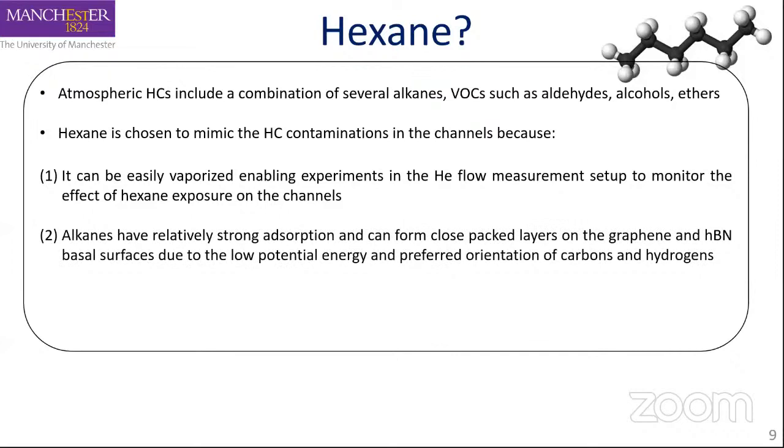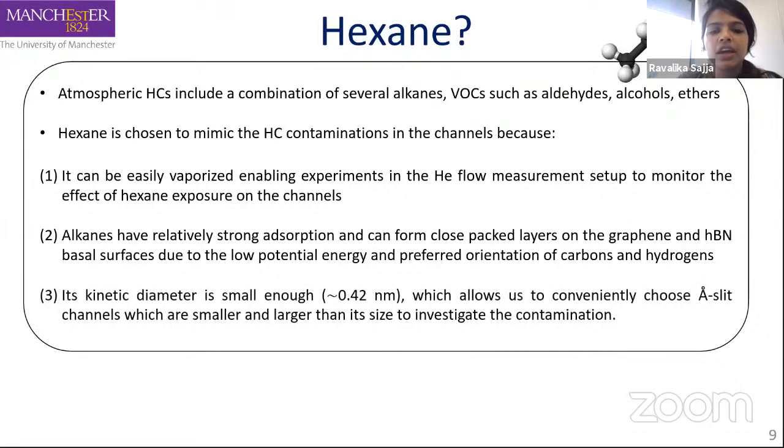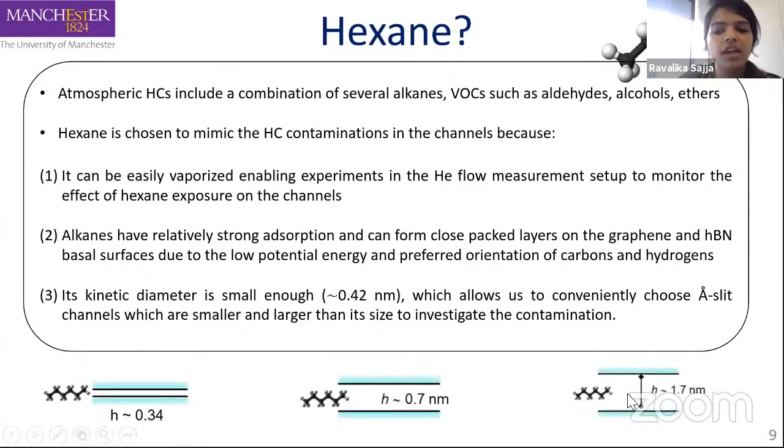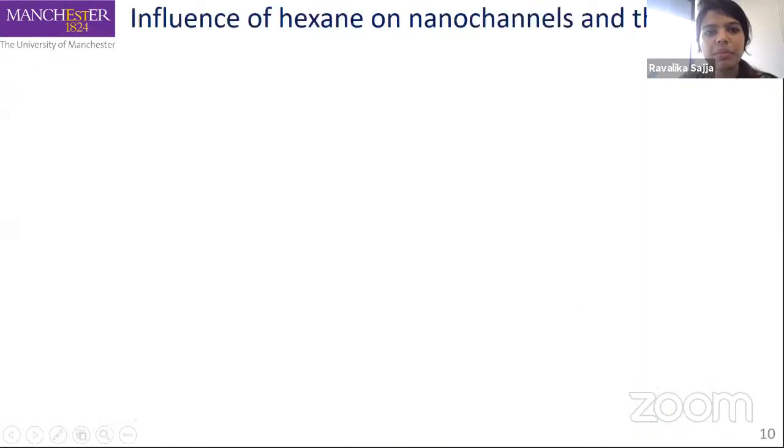Hexane also has a relatively stronger adsorption on the two-dimensional materials, and the kinetic diameter of the hexane was chosen such that we could fabricate angstrom-slit channels which were lower, higher, and of similar size to that of the hexane molecule.